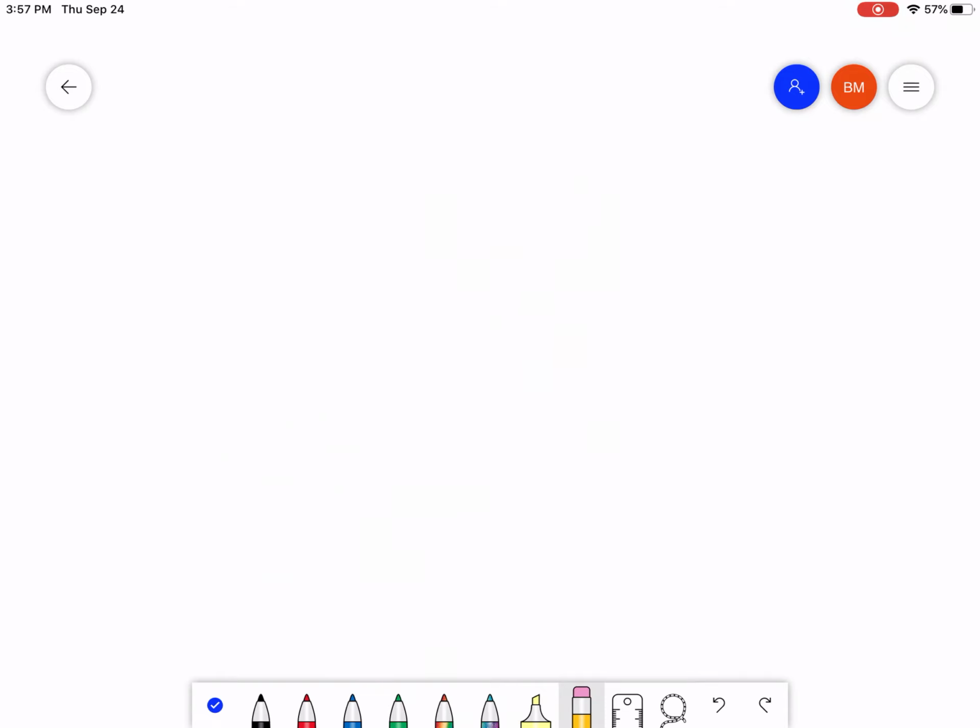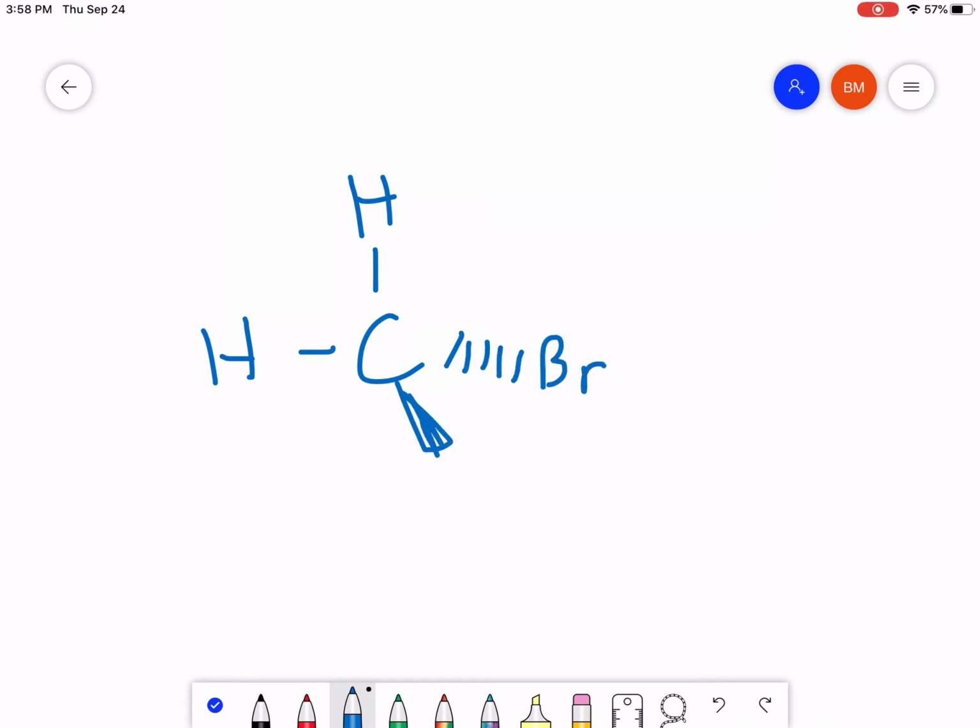For example, if we go back to this one, we already said this one was achiral, so that means it should contain a plane of symmetry.